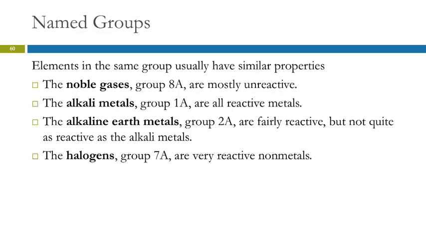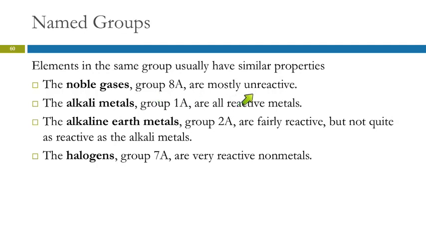Some of the groups, those columns, have special names, kind of like a family name. Remember, the periodic table was arranged originally based on similar properties. So in a given column or group of the periodic table, those elements have similar properties. The noble gases are group 8A.